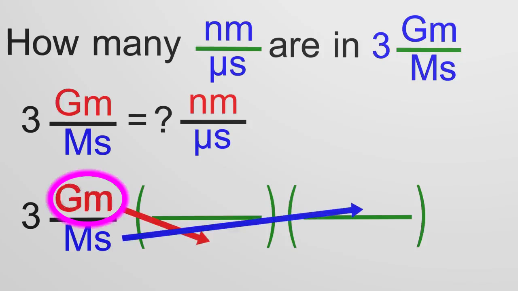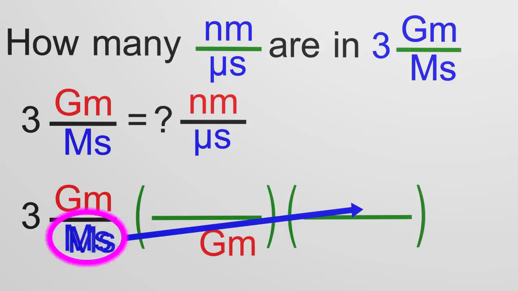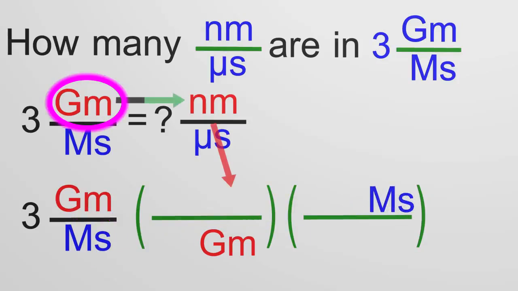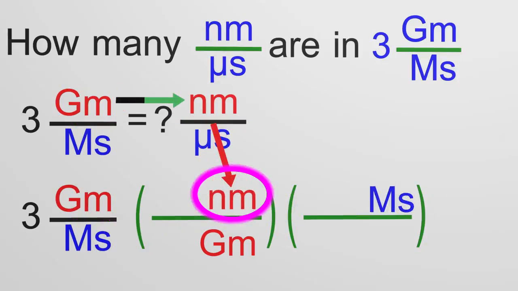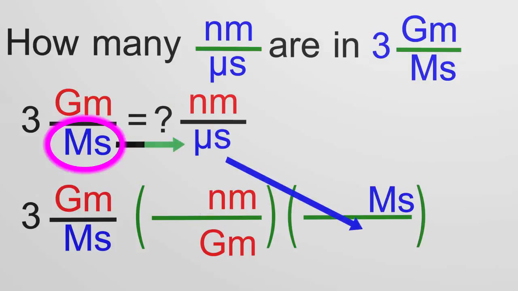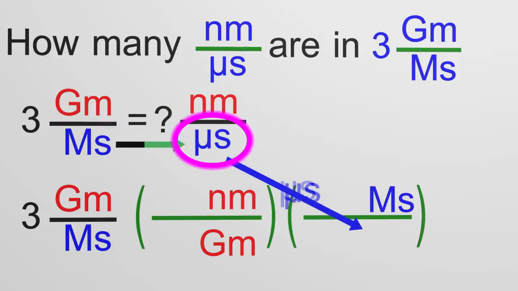Gigameter is in numerator. So in conversion factor we write it in the denominator, so we can delete it later. Likewise, megasecond is the denominator of the fraction. So in conversion factor we write it in numerator. We need to convert gigameter to nanometer. So we write nanometer on the numerator. Also we want to convert megasecond to microsecond. So we write the microsecond at the denominator of the fraction.